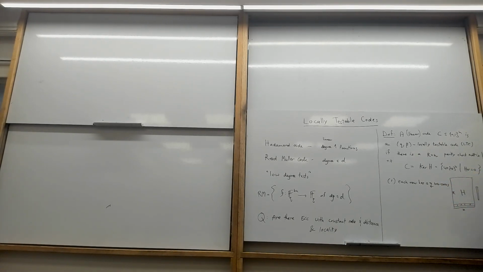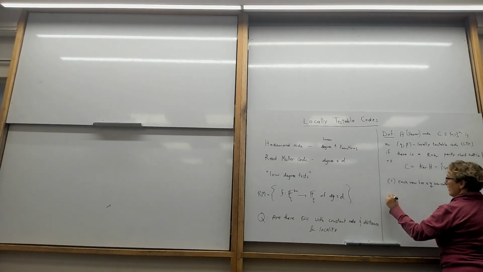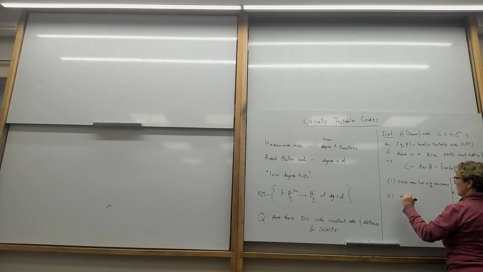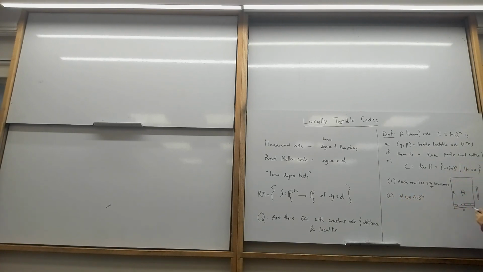It only looks at up to q symbols in W. And the second thing is the local testability. I want that for every W, there is a relationship between the distance of W from the code and how many checks succeed or don't succeed.